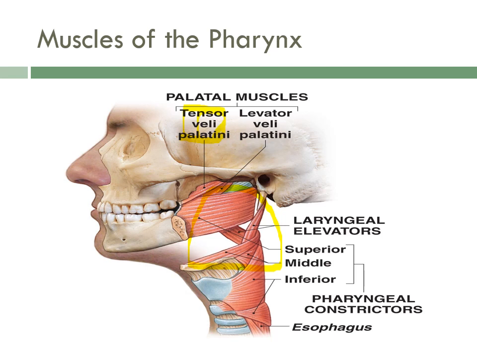So when the movement is better and that tensor veli palatini muscle is relaxed, it allows for better draining of the inner ear or the middle ear, and can sometimes keep kids away from having to get tubes. That said, my own kid ended up with tubes, so it's not 100% for everybody, but it's worth a try.